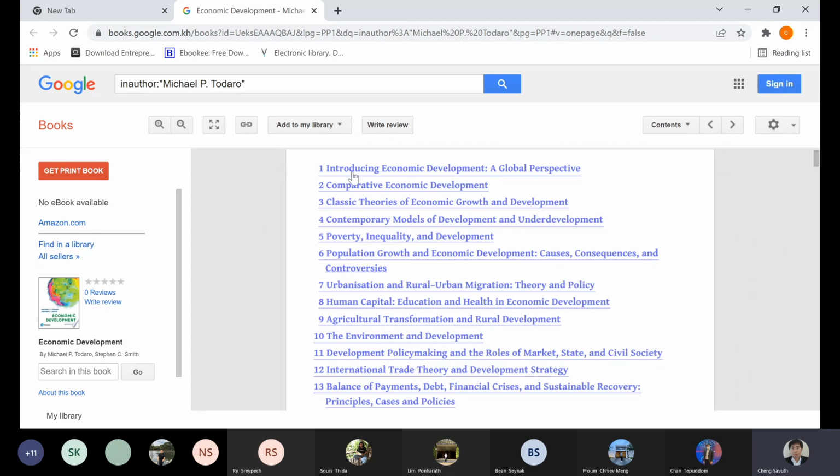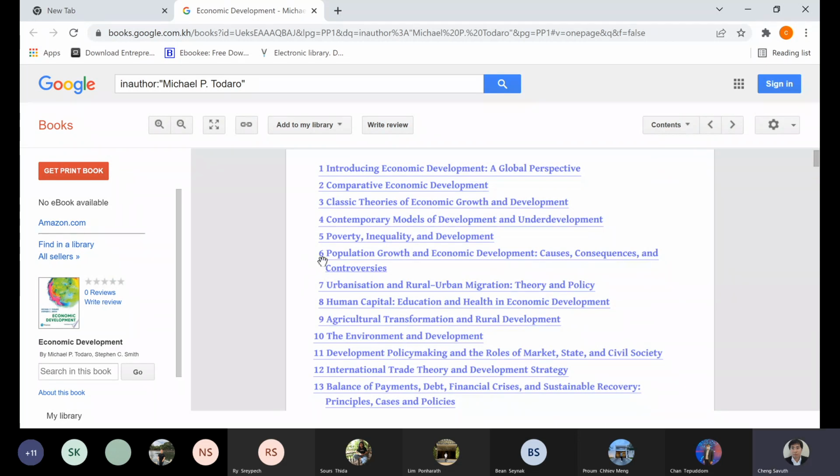These are all about the concept and theory of how to make a country experience and enjoy economic growth and development. There are many ideas about how we can transform a country from a low-income into a high-income economy. So from chapter 1 up to chapter 5, you learn about all of these concepts and theories.